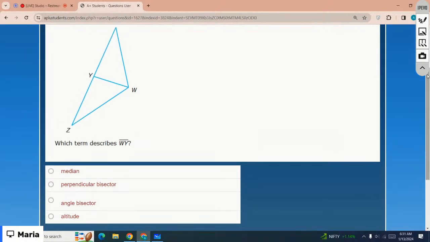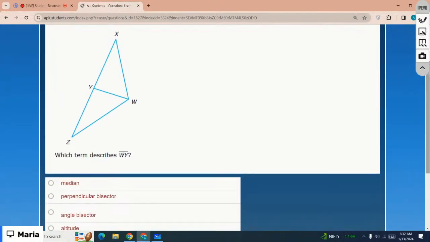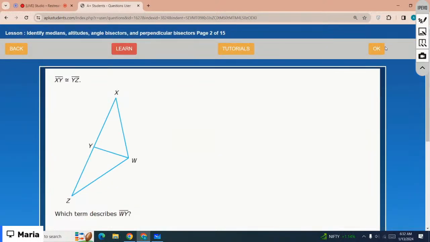So WY is perpendicular on the line XZ, right? You can see here Y is a right angle on XY. That is the altitude of the triangle. The correct option is altitude.